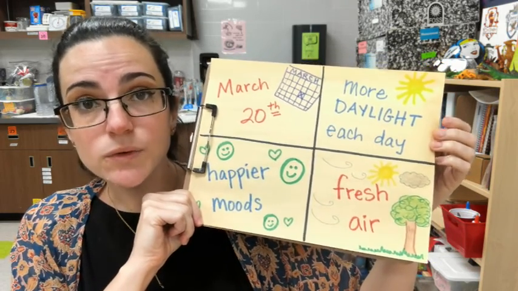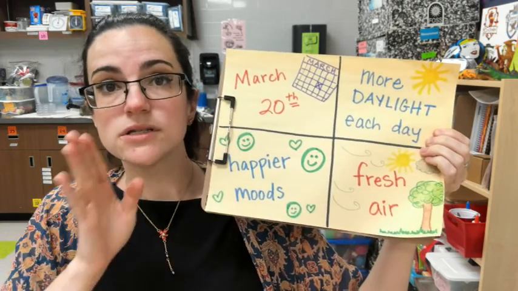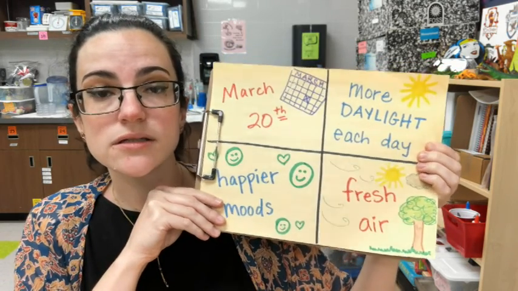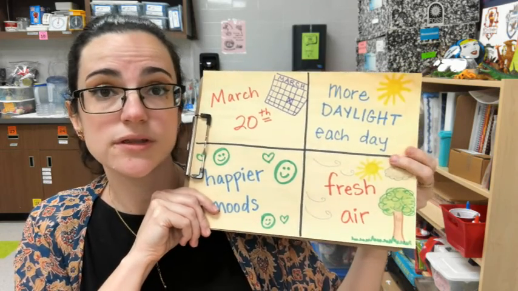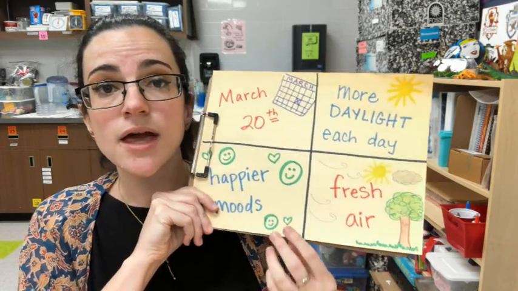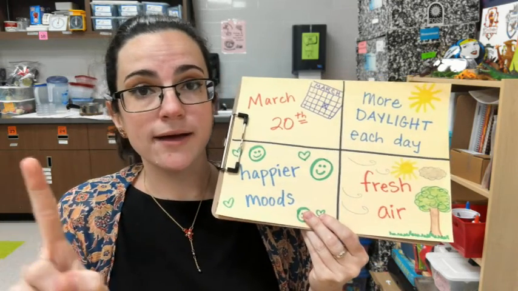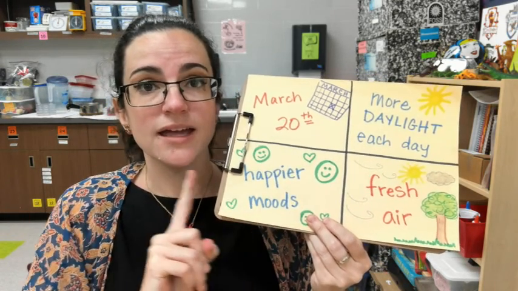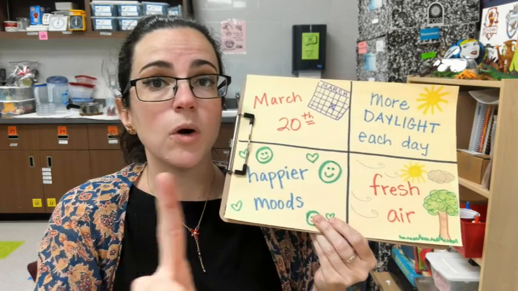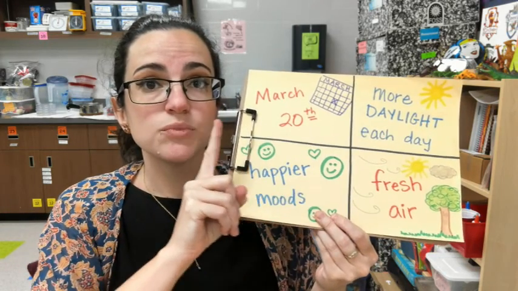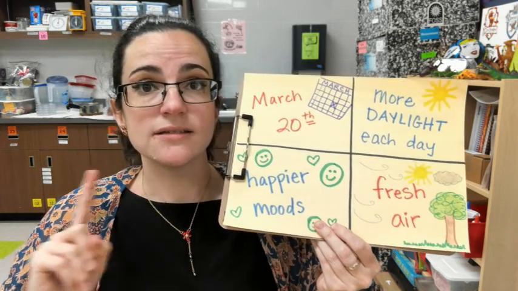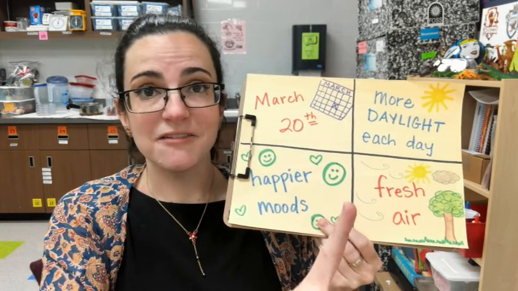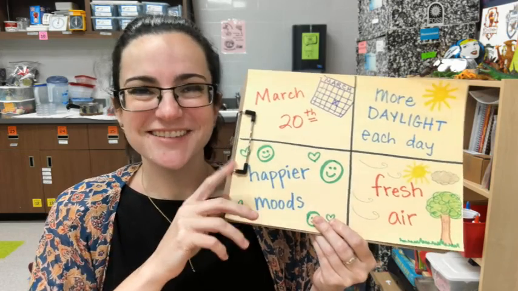And as we move from winter to spring, we are starting to see more and more sunlight during the day because the earth is moving around the sun. And as it moves around from winter to spring, its position around the sun is letting us have more and more sunlight during the day.